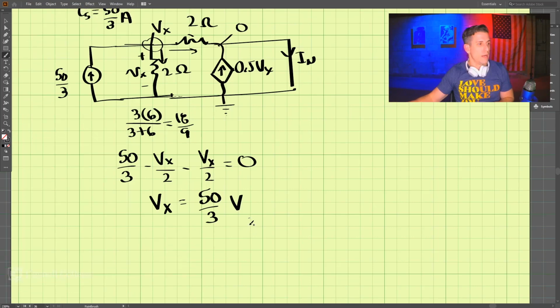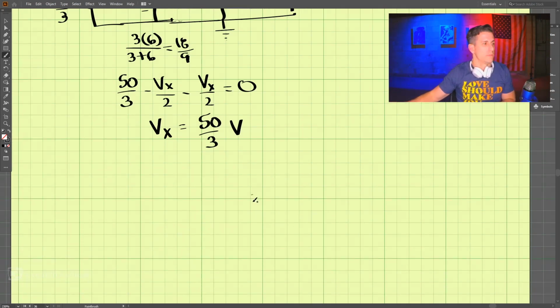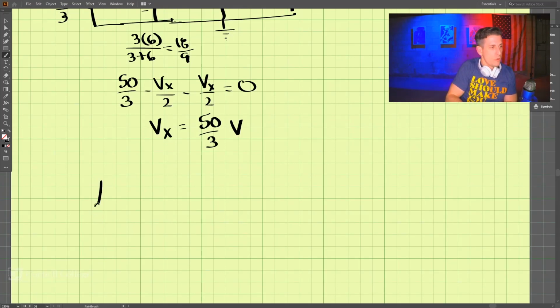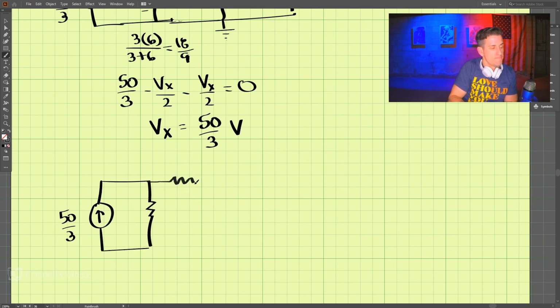So that makes this current here 25 divided by 3. So let's draw our circuit. We have 50 divided by 3. And this current is now 25 divided by 3.